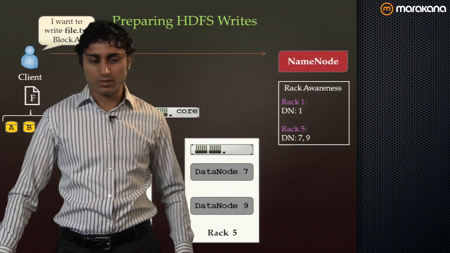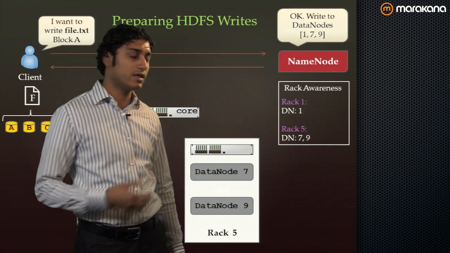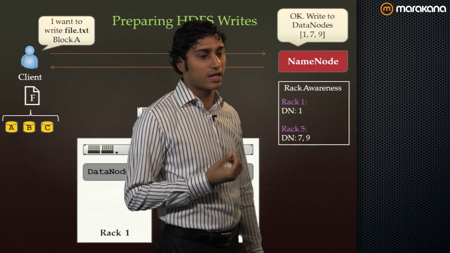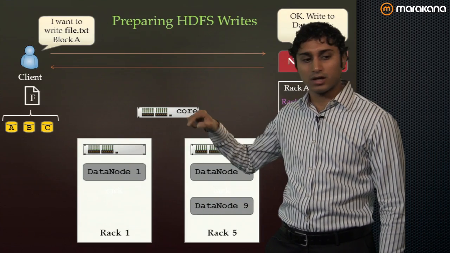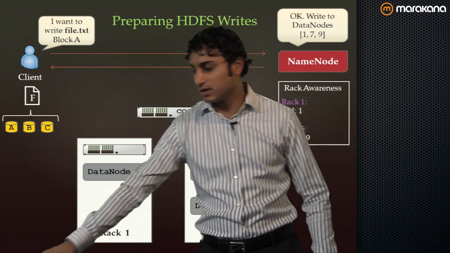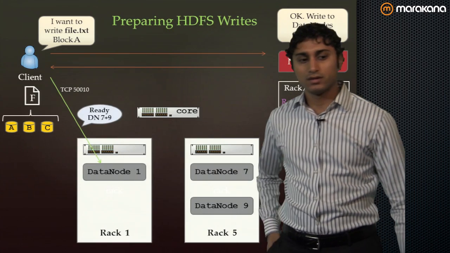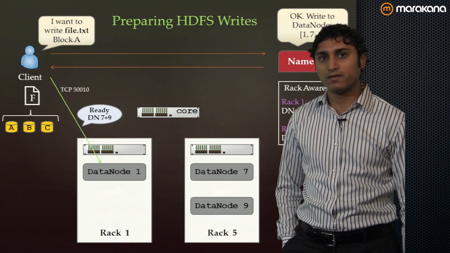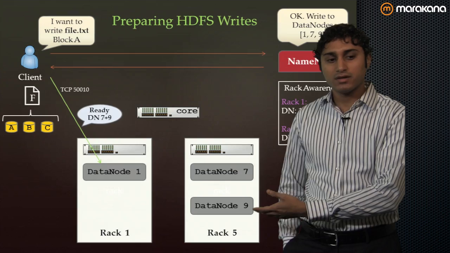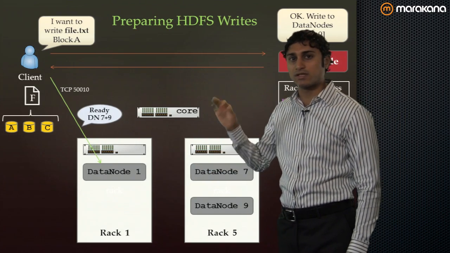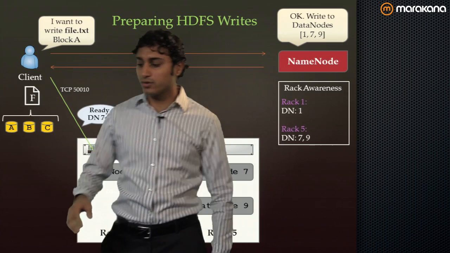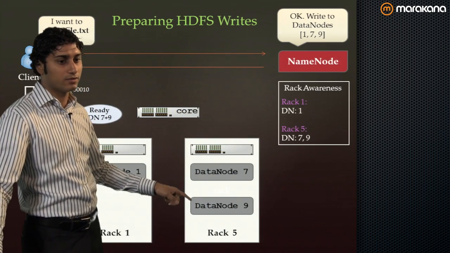The NameNode will respond saying, OK, write that block A to data nodes 1, 7, and 9. And then the client will directly contact data node 1 and over TCP 510 send a ready command, basically saying, get yourself ready, I'm about to send a block down to you, but also get data nodes 7 and 9 ready.